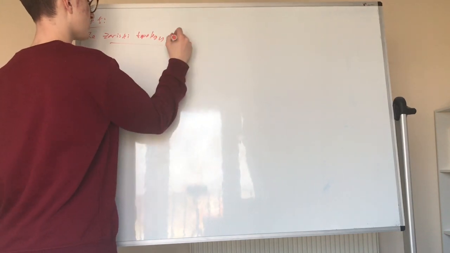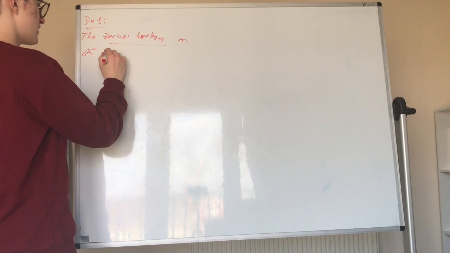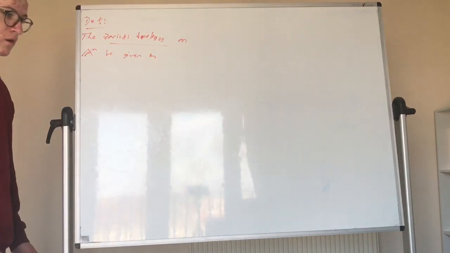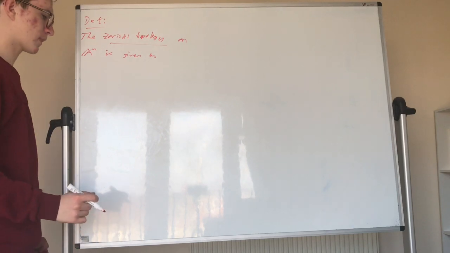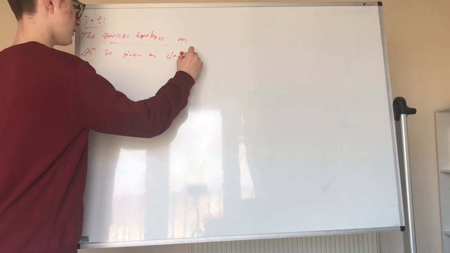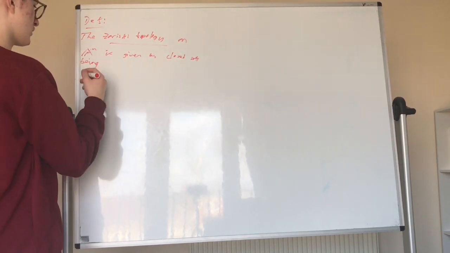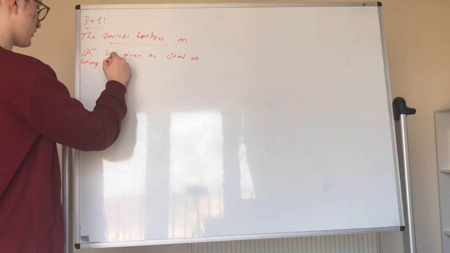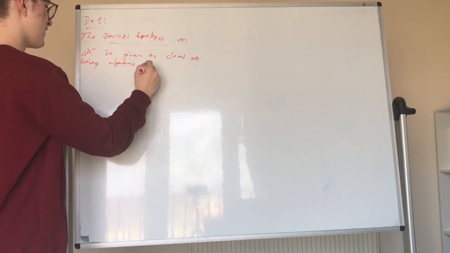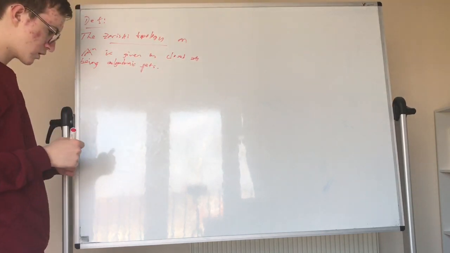Definition: the Zariski topology on A^n is given by closed sets being algebraic sets. And we just proved in the previous lemma that this is indeed a topology.